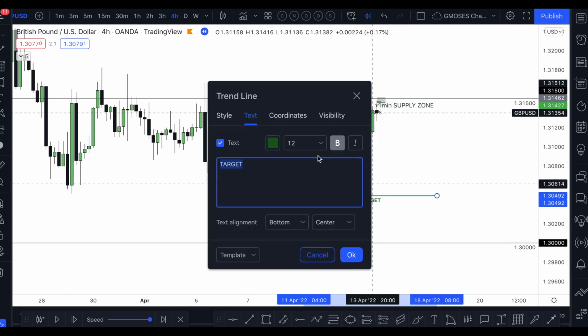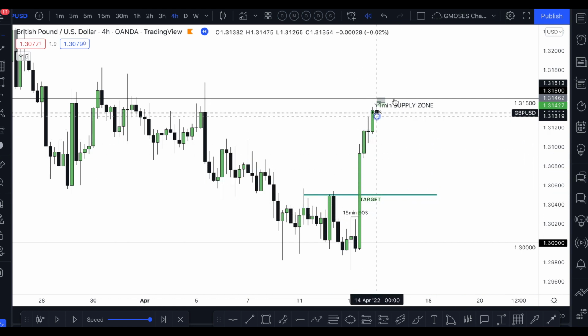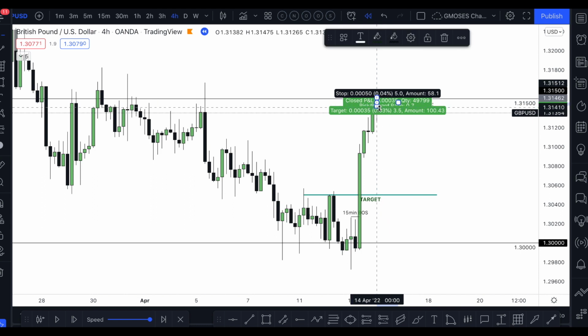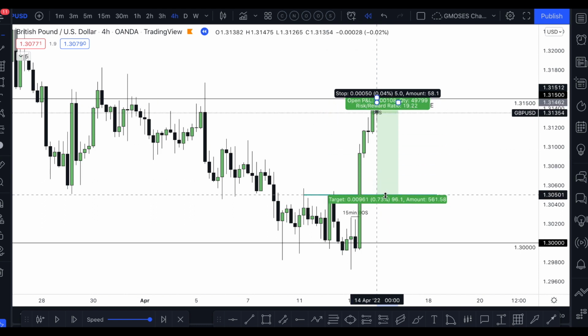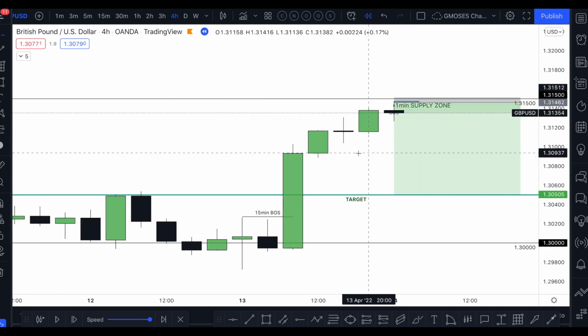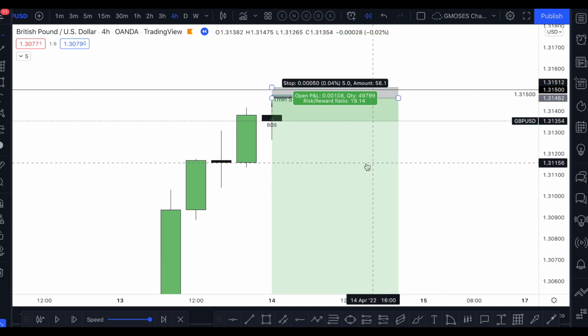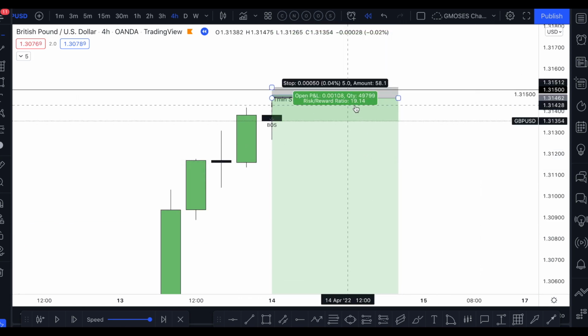Now let's change this to make sure we're accurate. We're going to take our short tool all the way down to this area here. If you notice, this is 95 pips. What is the risk reward to this? A 1 to 19 risk reward. We're risking 5 pips and we're trying to get 95 pips.